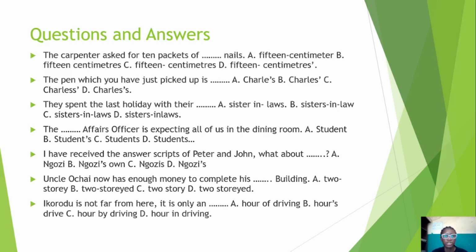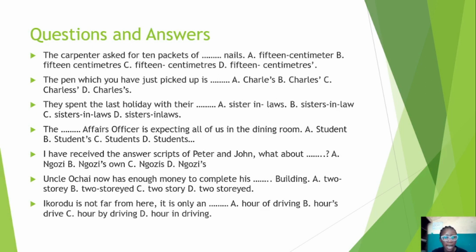The second question, the pen which you have just picked up is dash. A, Charles, with an apostrophe before S. Of course, that Charles is not spelled correctly. B, we have Charles and an apostrophe. C, we have Charles with two S before the apostrophe, which is a wrong spelling.